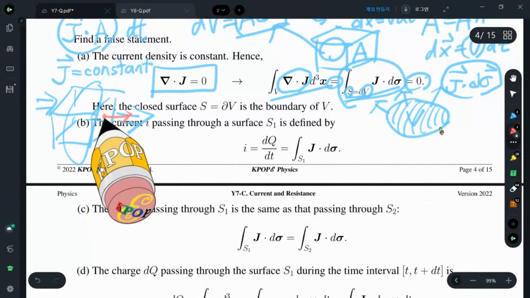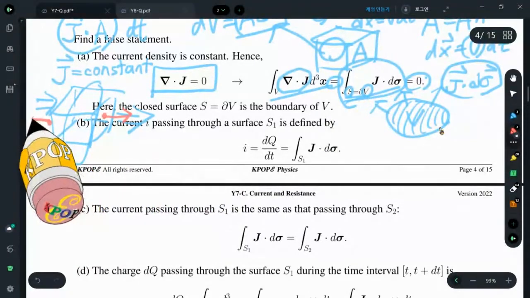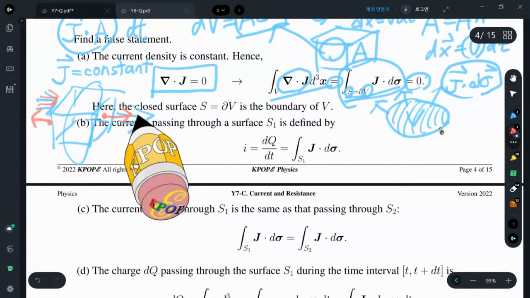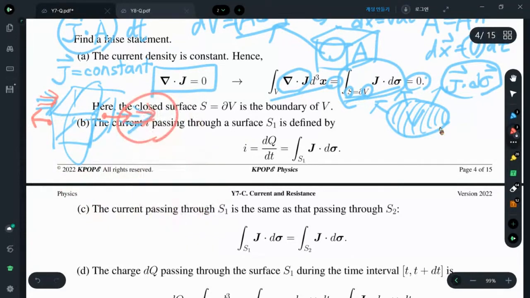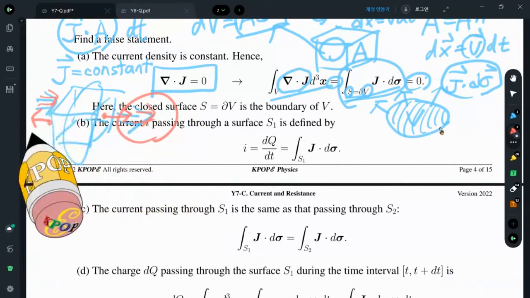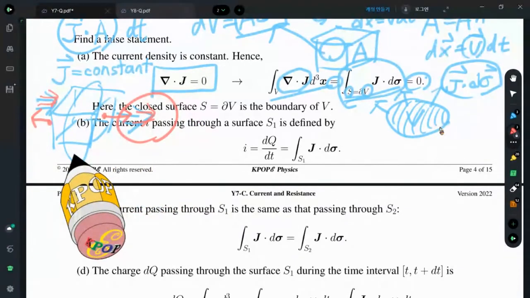this surface is toward outside, and this surface toward outside, and the same flow comes in, comes out. This amount is lost from this box, but this amount is gained inside the box.